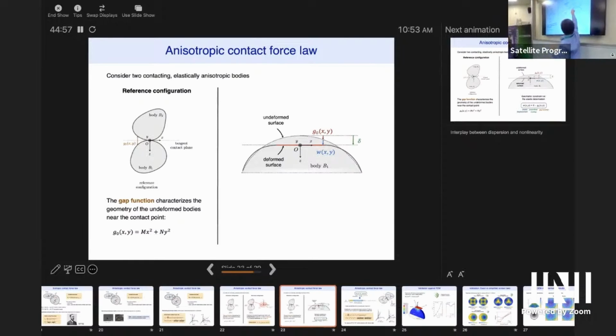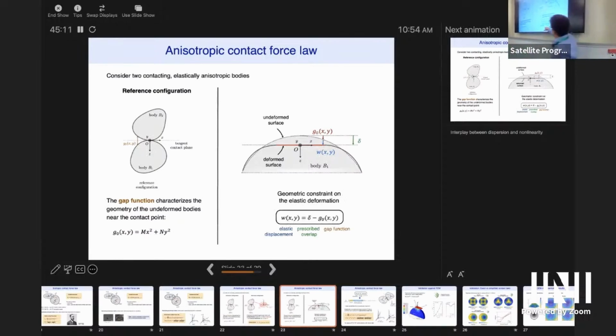At each point where they touch, this was the original gap, and this is how much it must have moved elastically, and all of this must be flat. So you get this kinematic relationship, which says that w must equal delta minus the original gap. That's a kinematic constraint of the contact that says whatever the gap was, you add the elastic displacement, and that needs to be where the contact plane now is.